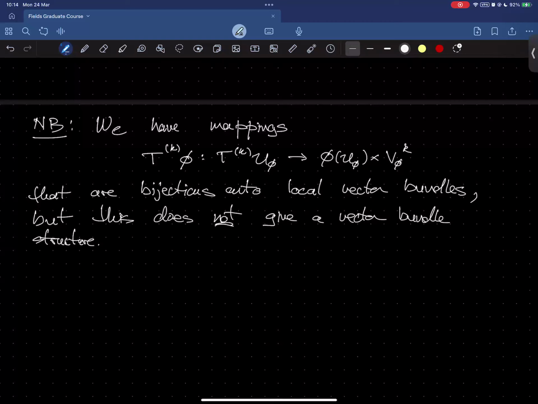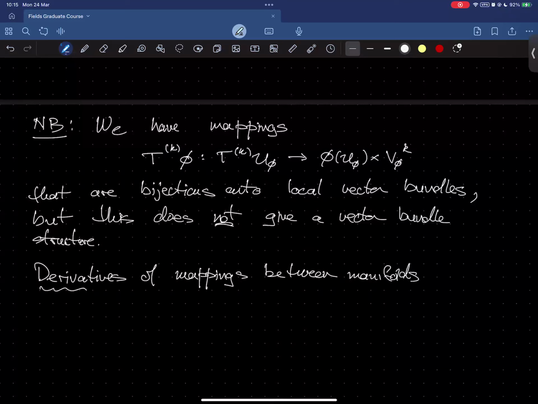So now what we want to do is take all of this stuff that we've talked about and use it to talk about derivatives of mappings between manifolds. So we've talked about what it means for a mapping to be of class C^r, right?